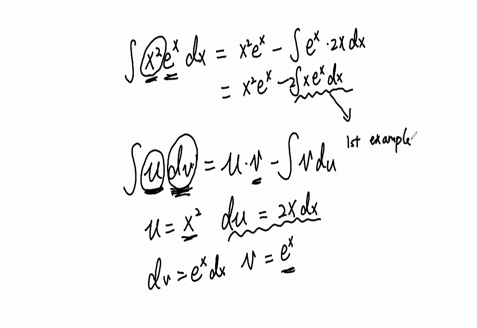What does this problem tell us? How many times do I have to use integration by parts? It depends on the degree of the exponent in front of the e to the x. Depends on the variable we have.